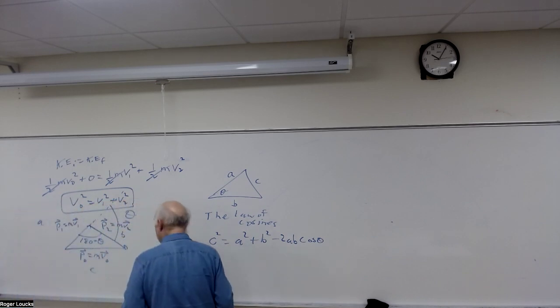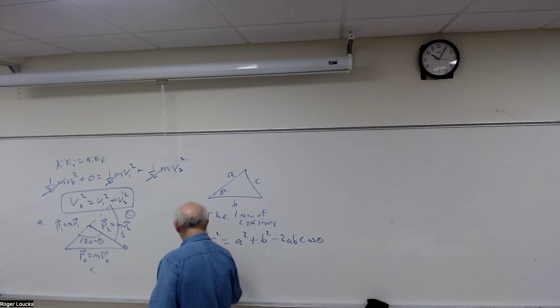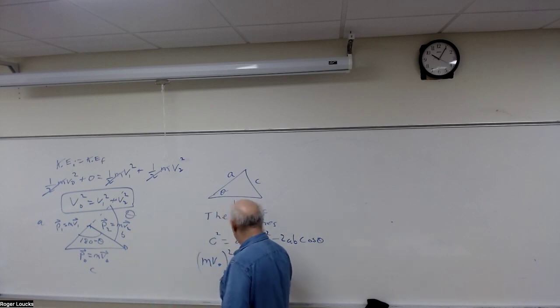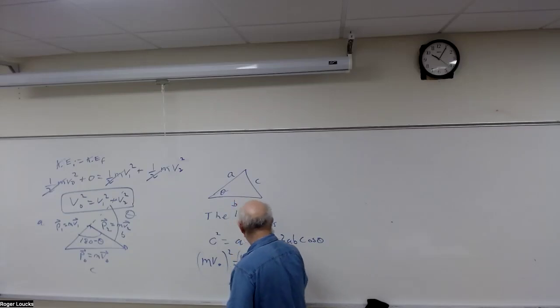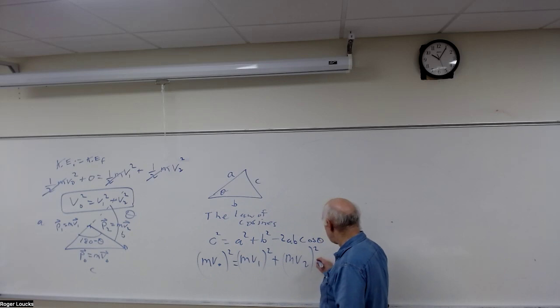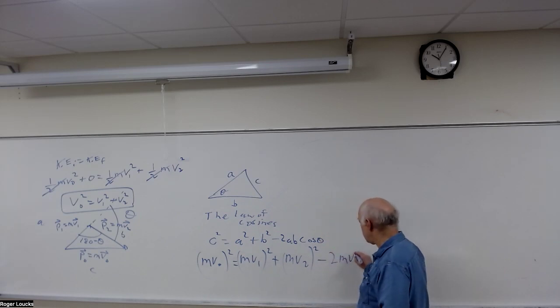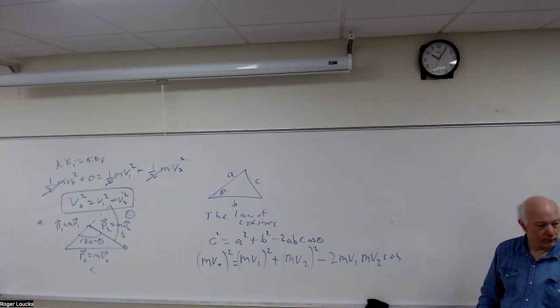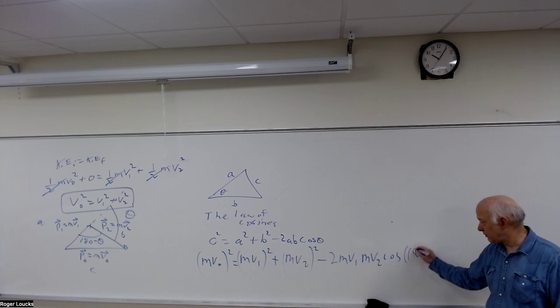So what do we have here? We have M V naught squared equals M V1 squared plus M V2 squared, minus 2 M V1 M V2 cosine of 180 minus theta.